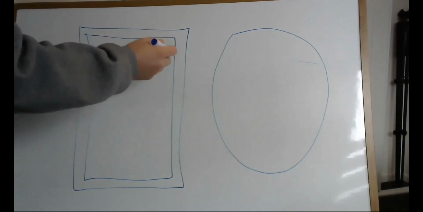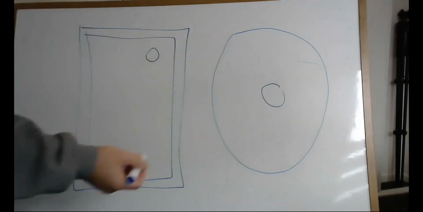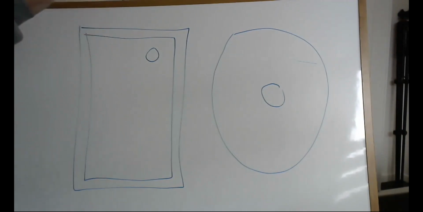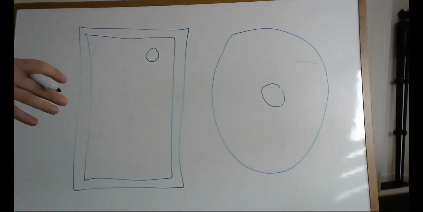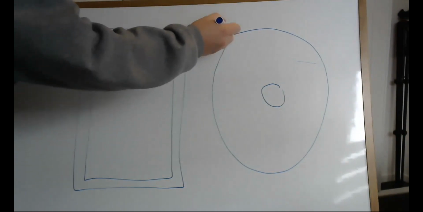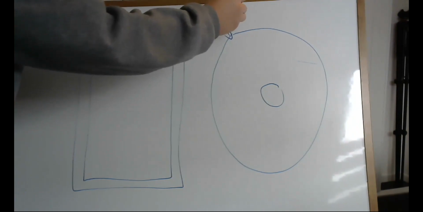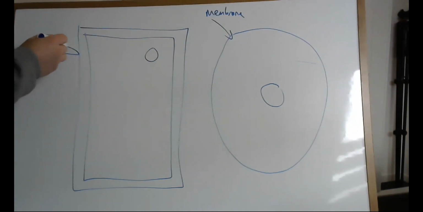They both have a nucleus, but the key differences: I know that says cell wall, but it's supposed to say cell membrane. Plants have a cell wall, animal cells have a cell membrane.